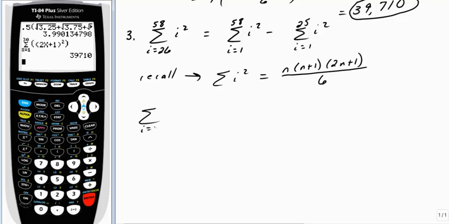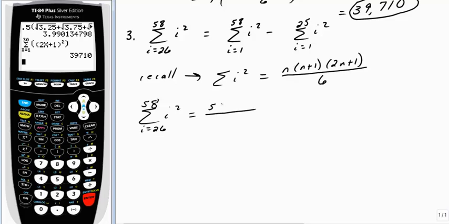So for this problem, I'll go back to the original problem. The sum from i equals 26 to 58 of i squared is equal to, well, the first sum. I know that that's just going to be this summation formula with a 58 plugged in for n.